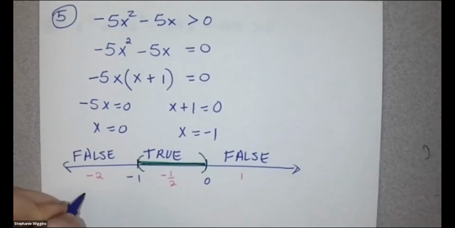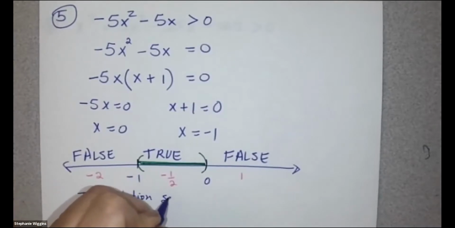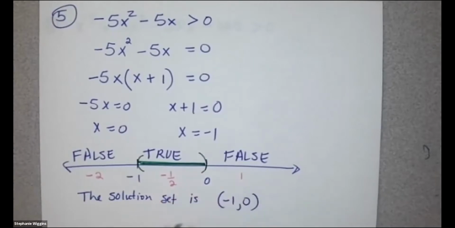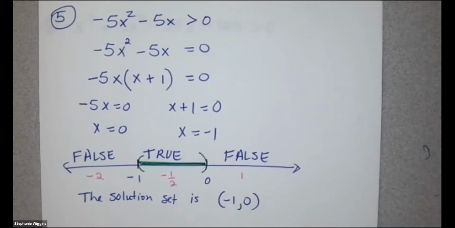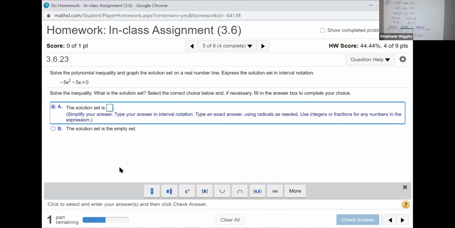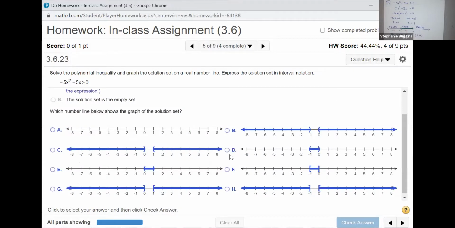So in interval notation, the solution set is the interval from -1 to 0. And selecting the graph, it's right here.